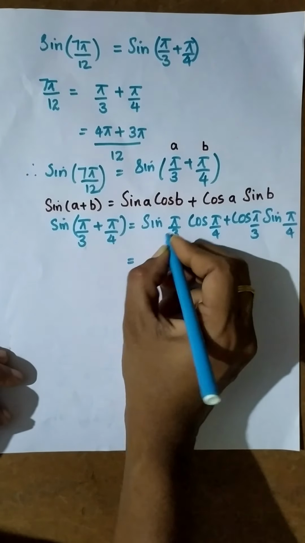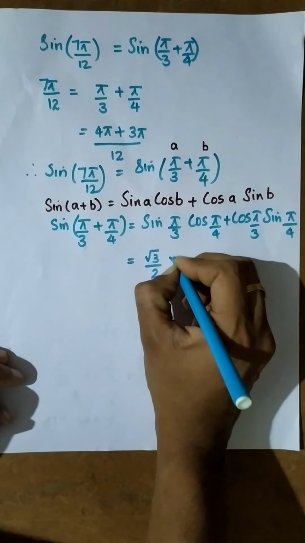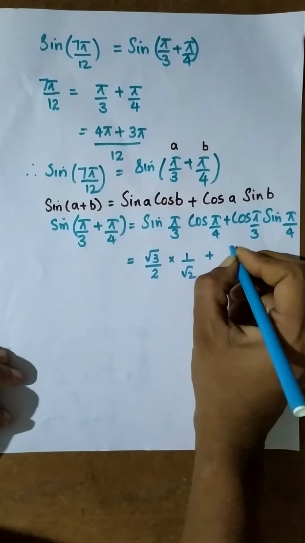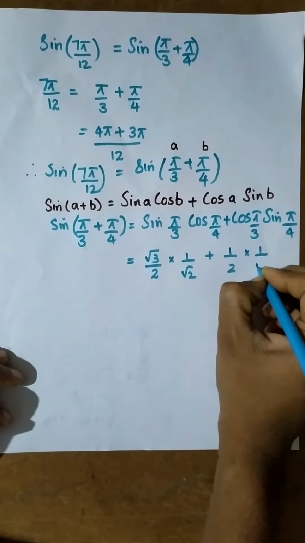That's equal to root 3 over 2 times 1 over root 2 plus 1 over 2 times 1 over root 2.